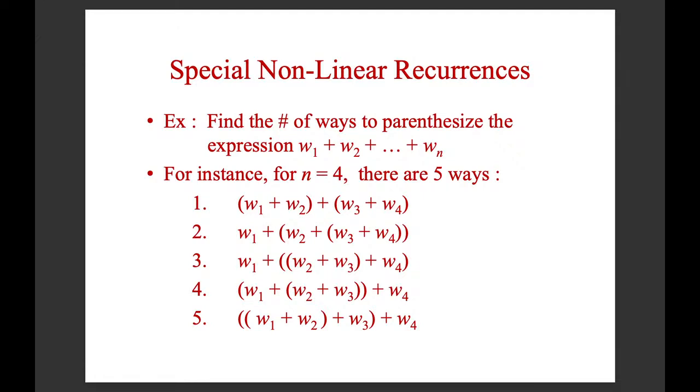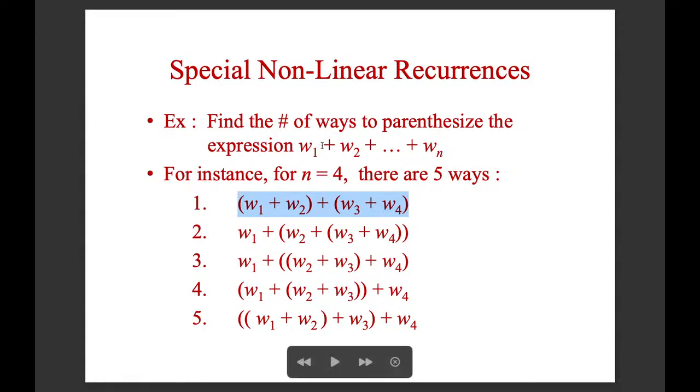So to compute the value, we have different ways of doing so. We can add the first 2 together, add the last 2 together, and then add the 2 results together. So this is one way. We can have another way, and another way, and so on. After careful counting, we find that there are exactly 5 ways of adding 4 terms.